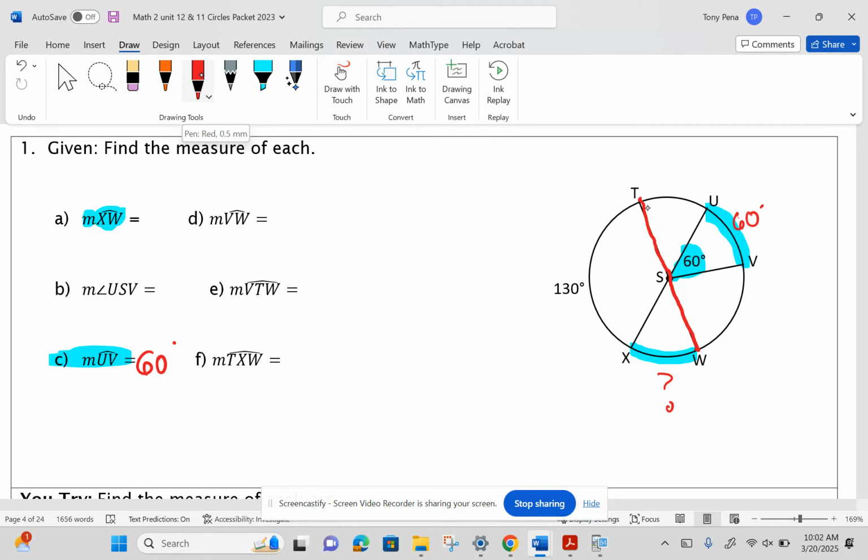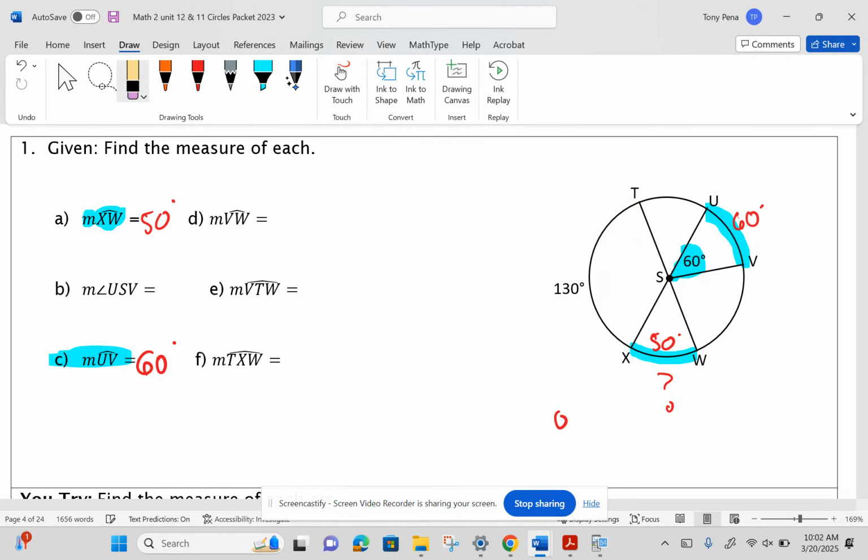What does a diameter do to your circle? Cut it right in half. So what does the full degree measure have to be on the left side of our diameter? 180, right? There's 360 in a circle. This has to be 180. Don't we have 130 of it right here? What remains for the part we're looking for? 50. This has to be 50 degrees. And then that gives us the 180. All right.